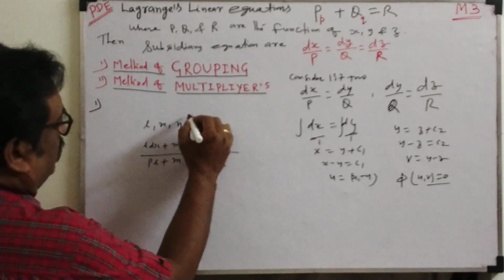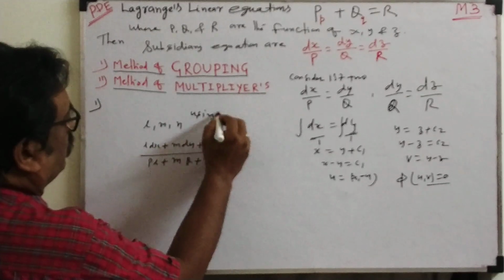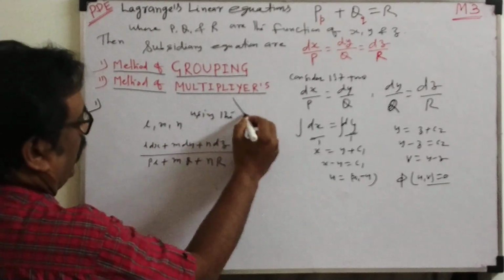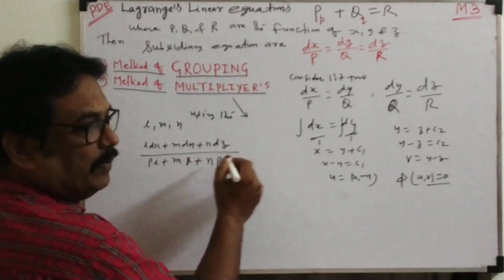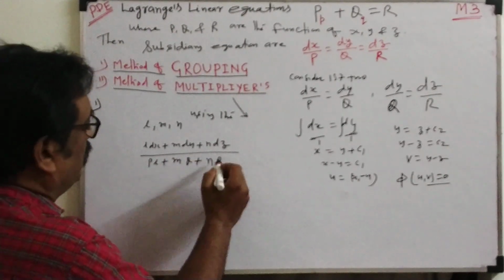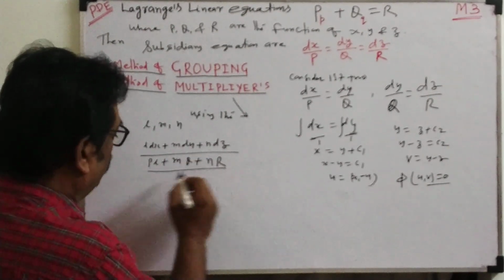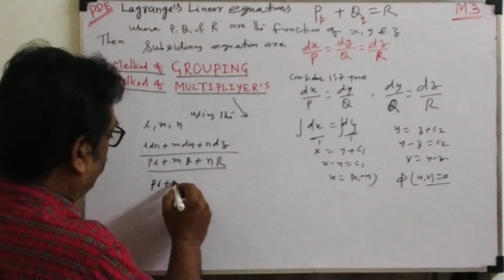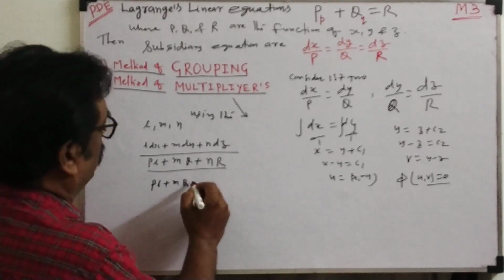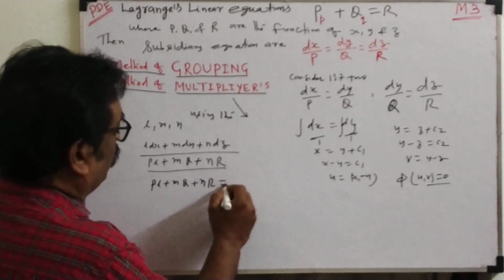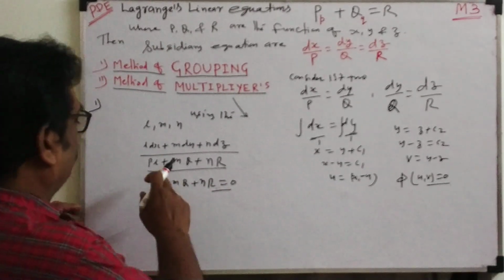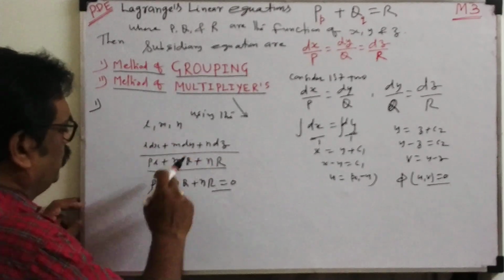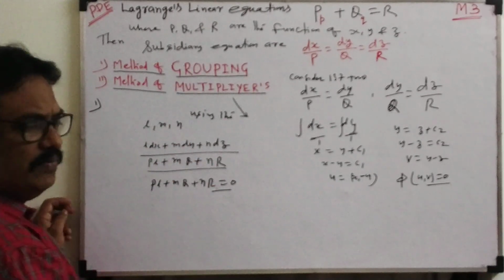Using the multipliers l, m, n, it now becomes like this. Now what we have to see is that the denominator term Pl plus Qm plus Rn should come to 0, or we have to make it 0. Multipliers will be used so that the denominator becomes 0.